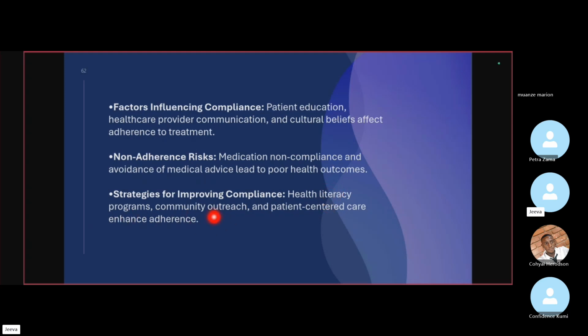Then community outreach. The nurses or the healthcare professionals should go to different communities and speak to them in their local language and teach them the importance of getting medical treatment at the correct time. Then there should always be patient-centered care and enhanced adherence. We should keep proper hospitality and care for the patient.